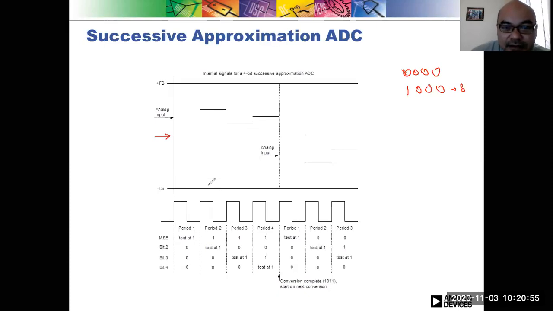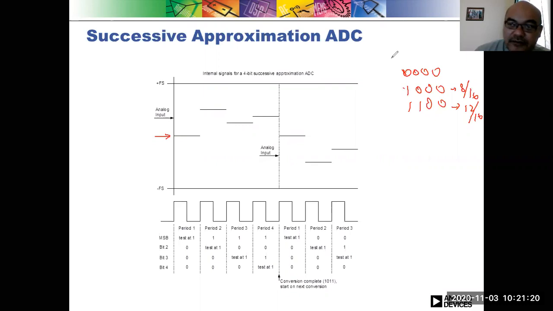Then it tries to switch on the second bit. So it becomes 8 plus 1 times 2 to the power of 2, which is 4. This becomes 12, so 12 out of 16.